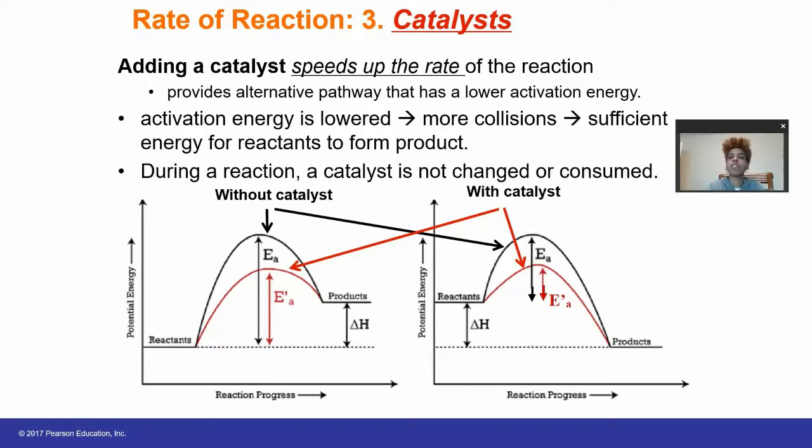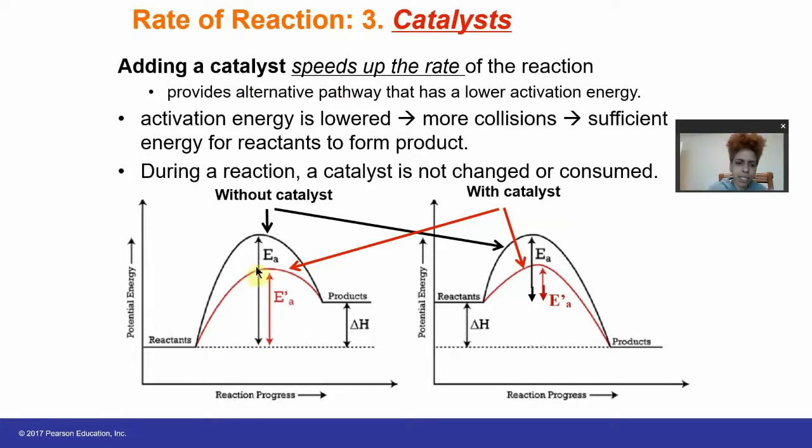So a catalyst just speeds up the rate of the reaction and it provides an alternate pathway. So the first pathway for you dropping your books was that you had to run into someone with enough speed and you drop your books. But a catalyst is someone pushing you, someone tripping you. Now you bump into someone automatically, right? It's a different way in which the reaction occurred.